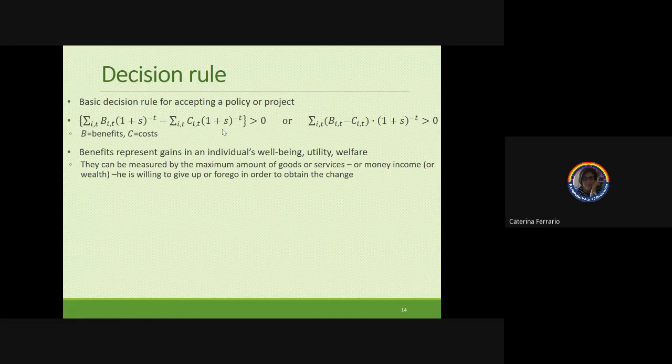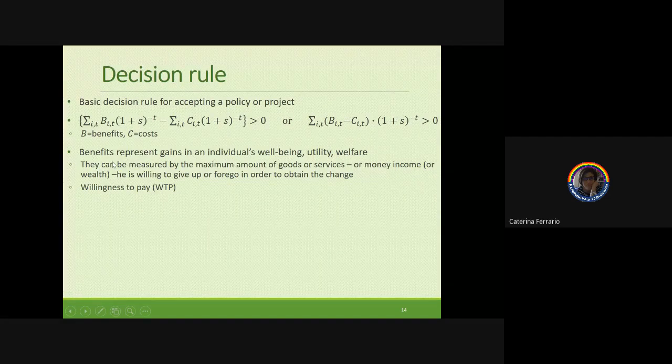This doesn't mean that we have to implement it, because we might have more than one alternative project that satisfies this decision rule, and then we will see what kind of approach we can take to choose among different projects. But surely the basic decision rule is that this condition, this inequality, has to be met.